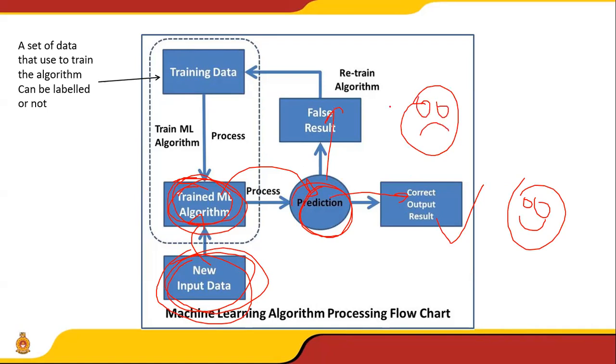So we need to retrain the algorithm using the training data. Then we apply it to the trained ML algorithm and iterate through a couple of phases till we have a good predictive or analytical output. For example, we can classify with good accuracy.